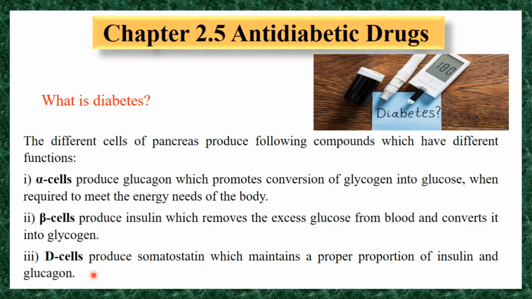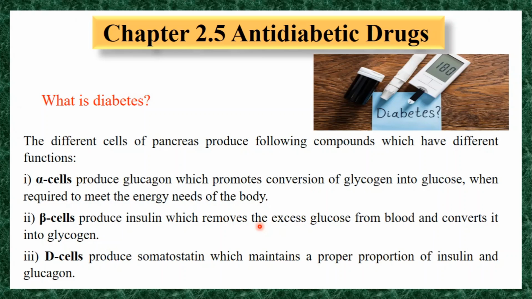The main function of insulin is that it promotes the metabolism of carbohydrates, lipids and proteins. In the absence of insulin, glucose is not metabolized at a normal rate because insulin removes the excess glucose.